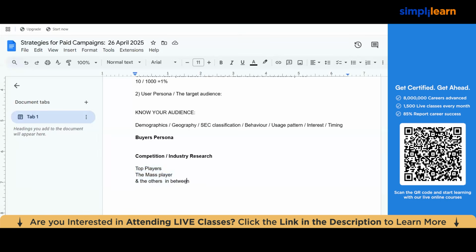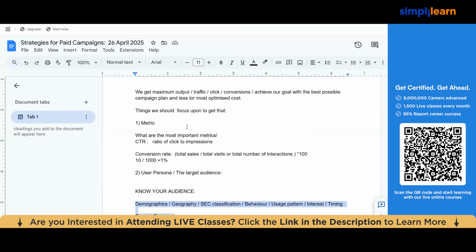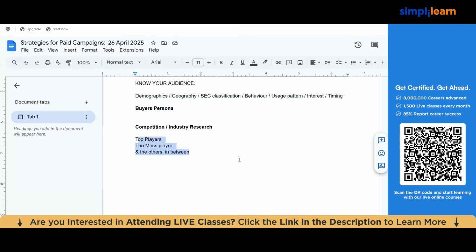So knowing all these things, and also the competition, will help in multiple ways. How? The first is, it helps to create targeted campaigns. How do you know that? Because the campaign is something where we spend money, it's not organic, right?